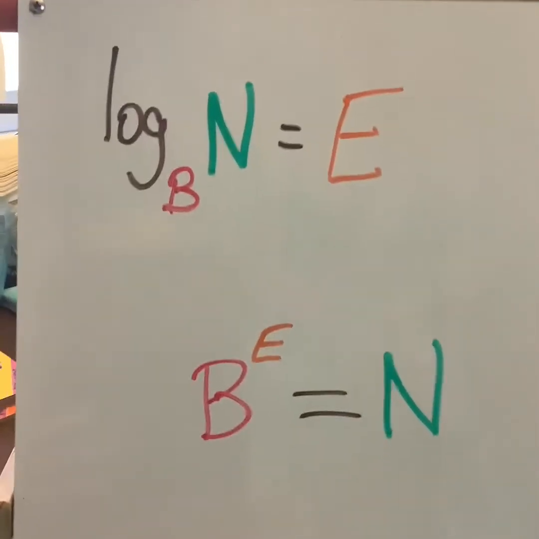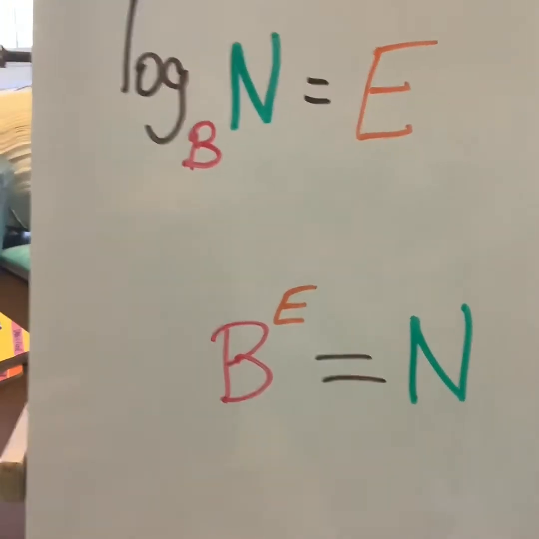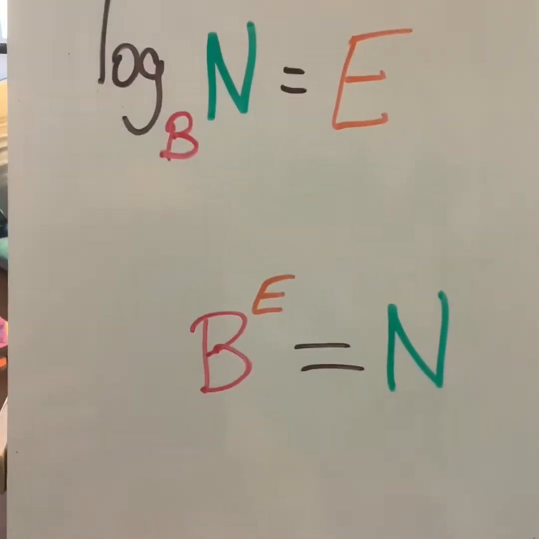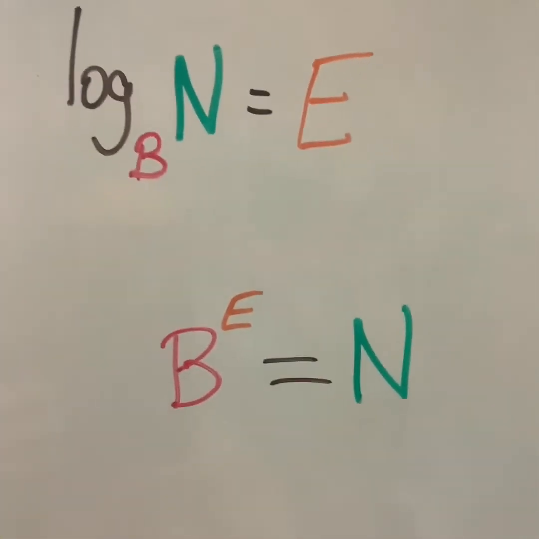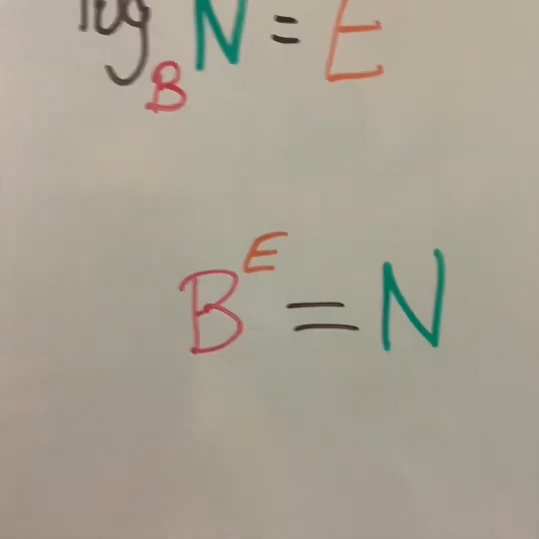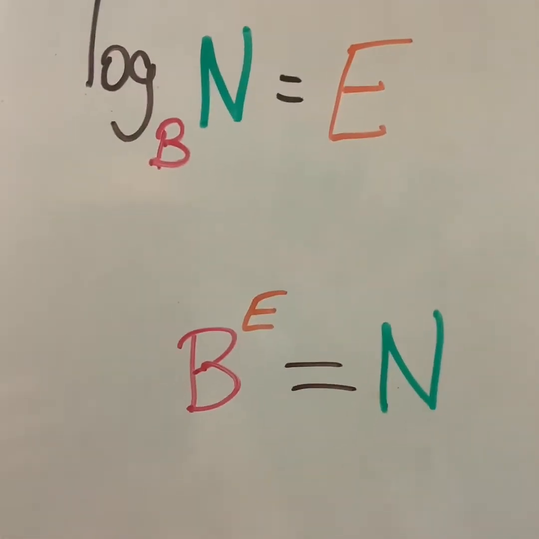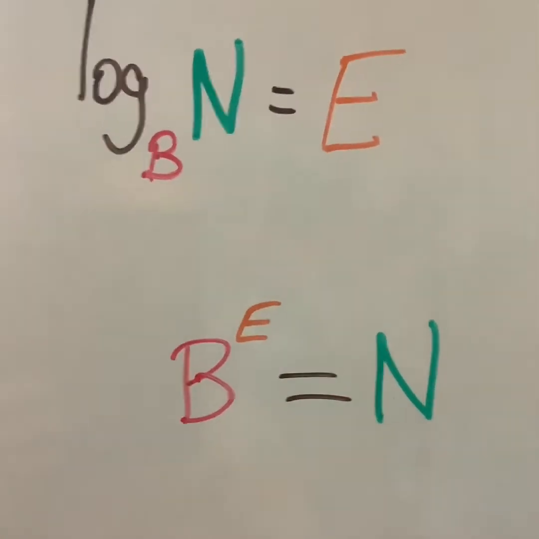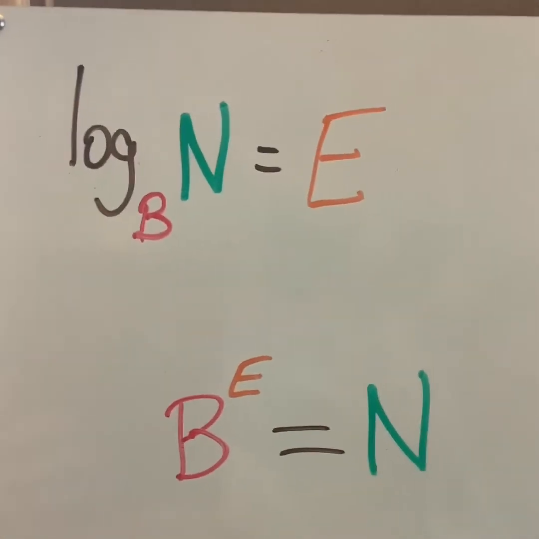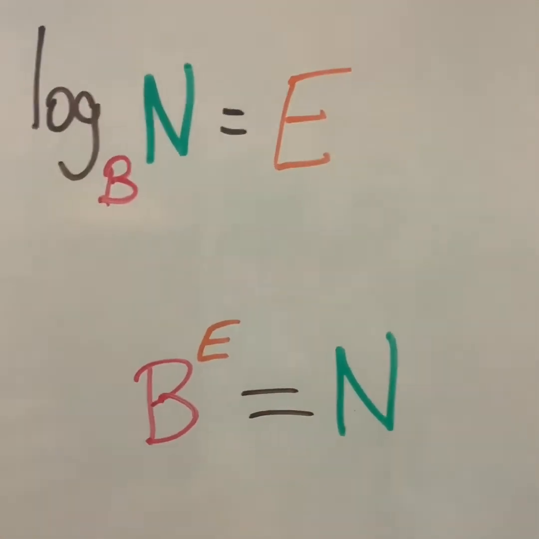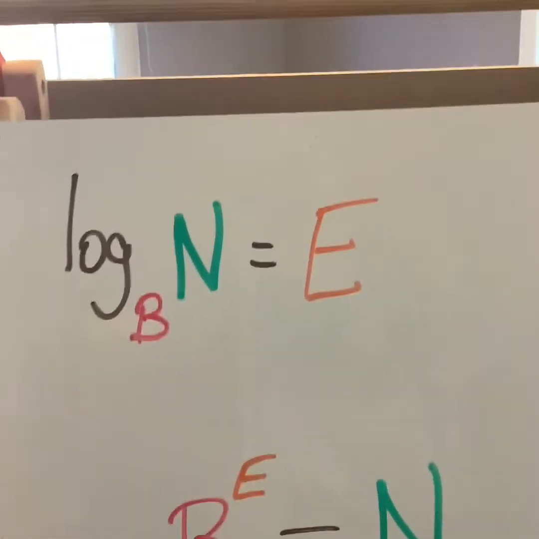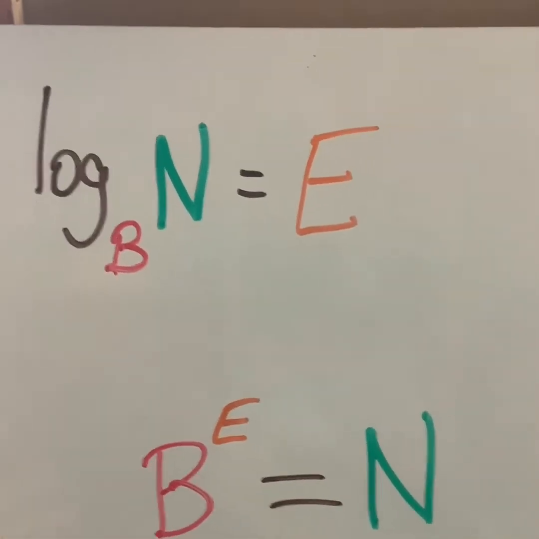A little trick we use to go back and forth between log form and exponential form is called either the spiral or the lasso. Same thing. But what matters is how it's set up. You've got to have the log expression on the left-hand side is equal to the exponent in order for the lasso to work this way.